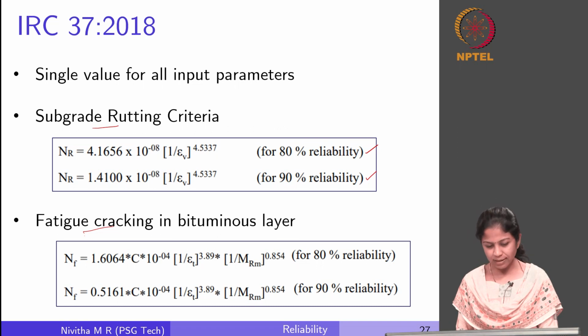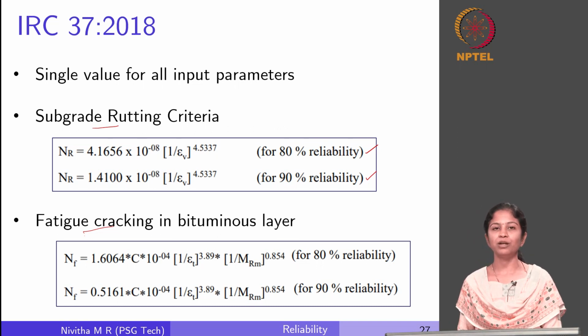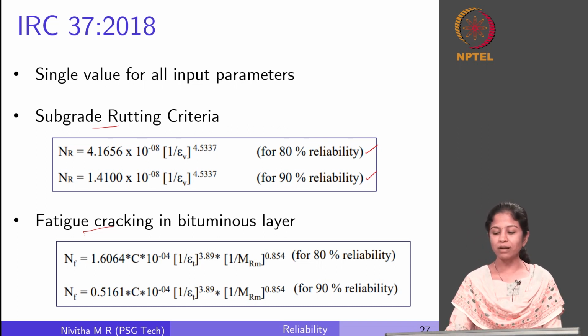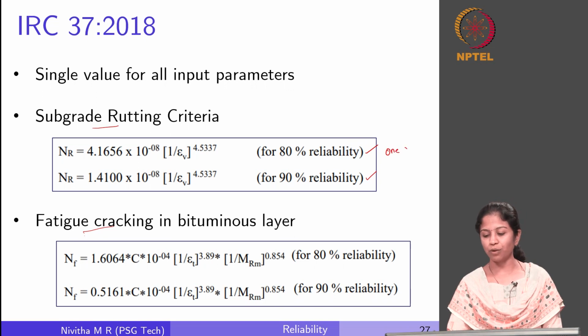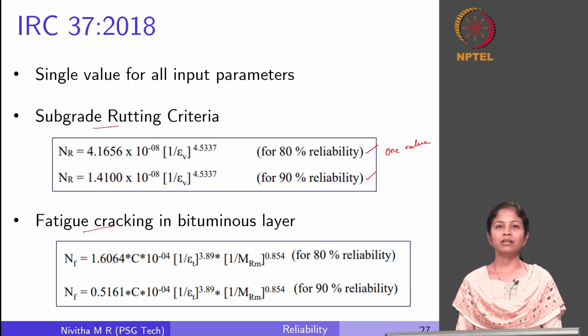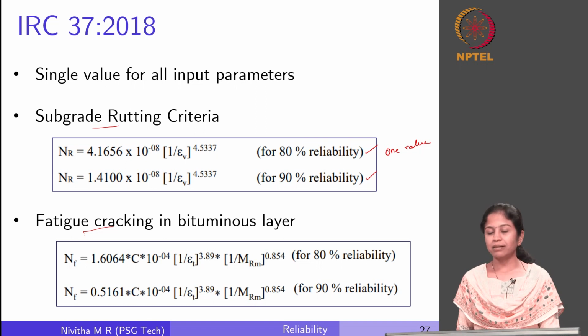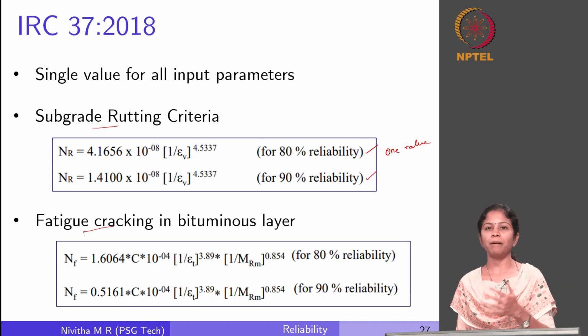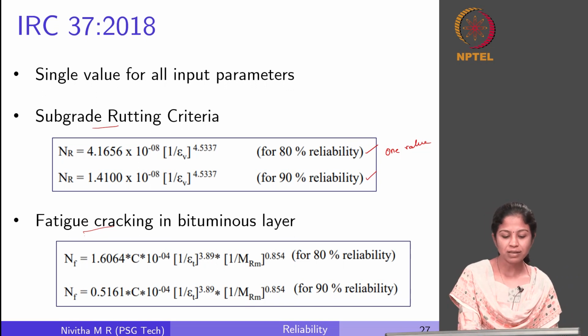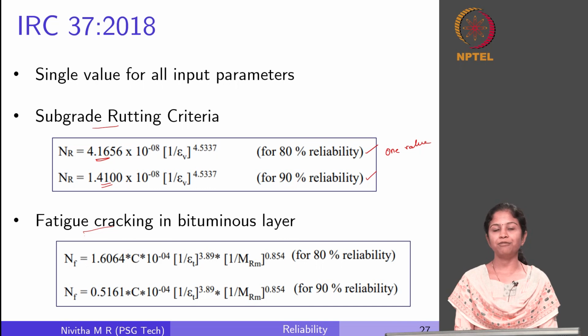Now, if you look at these NF and NR values, we are going to get one single point value based on this design procedure. But we have seen that there is variability with respect to all the input parameters, even the constants that you use here, right. These constants are calibrated from a specific set of studies at a specific location or a few locations, right.